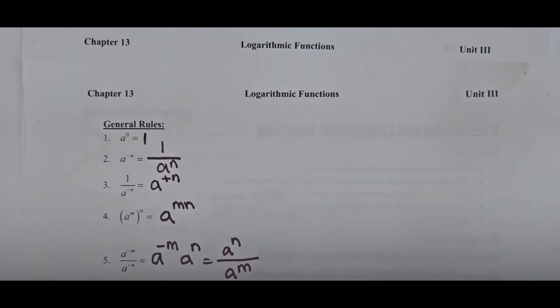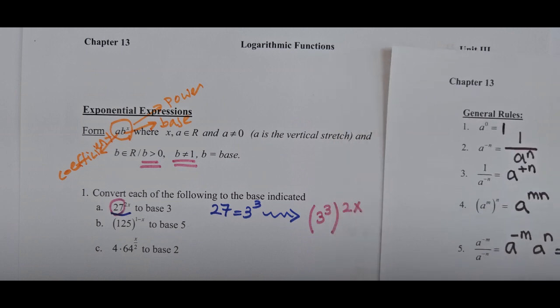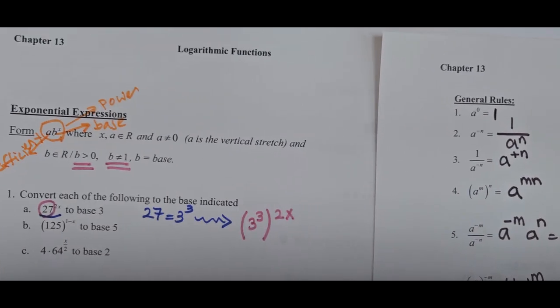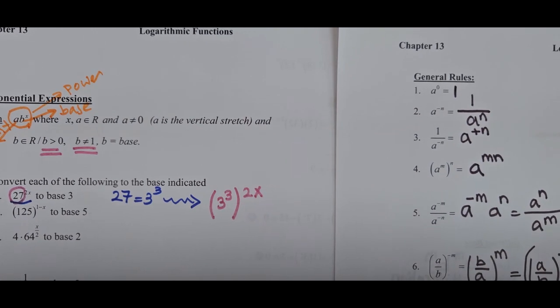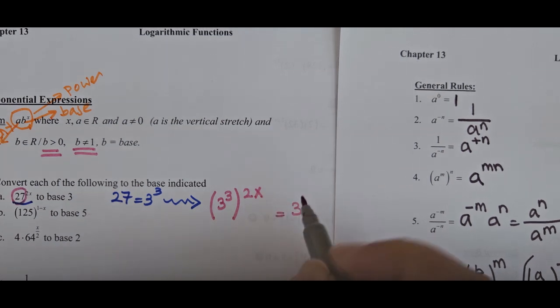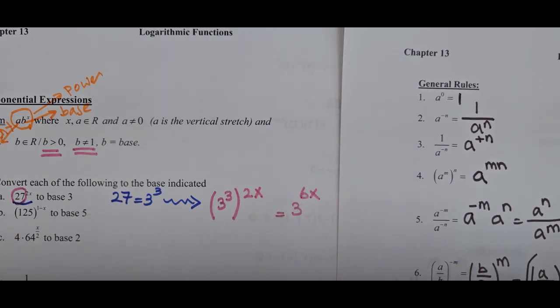We will apply rule number 4 here, and then we will get the answer. So the answer is 3 to the power 6x. So 3 to the power 6x is exactly equal to 27 to the power 2x.